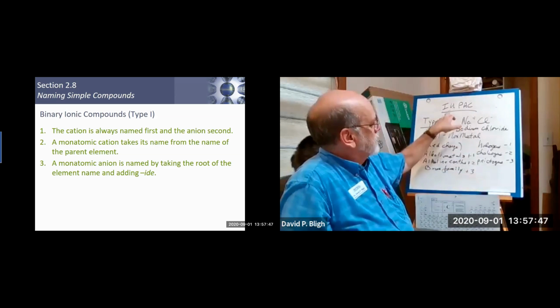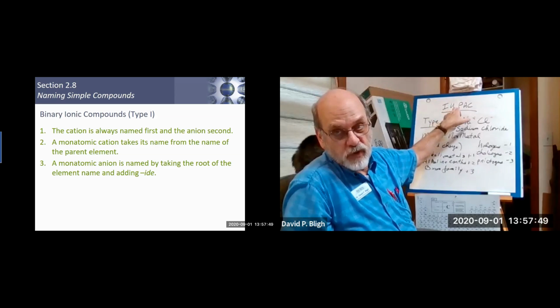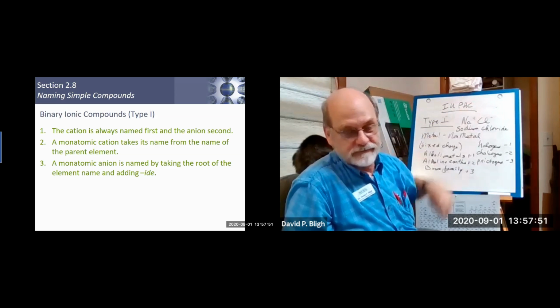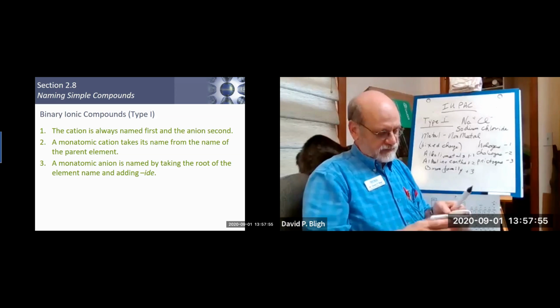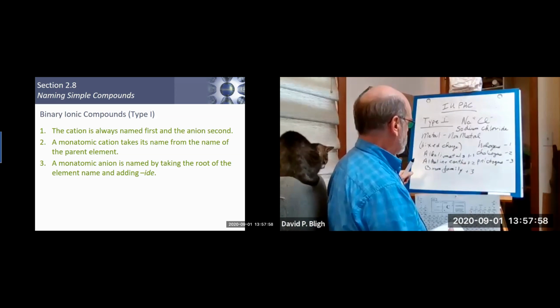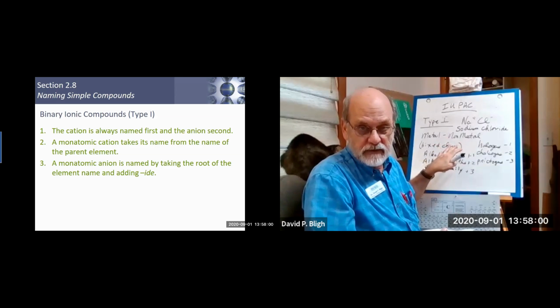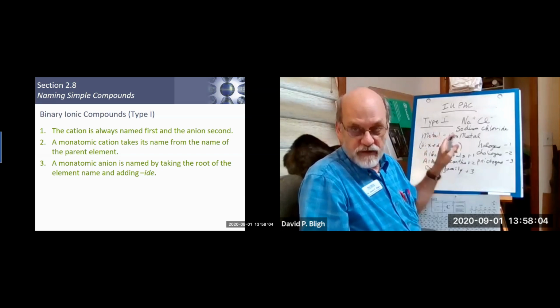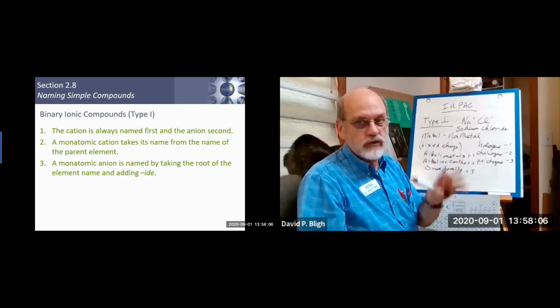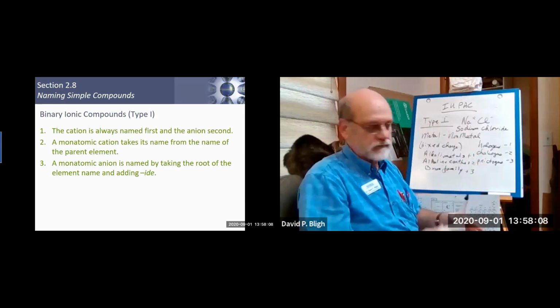This stands for International Union of Pure and Applied Chemistry. They make the decisions. They break the ties. Okay, so that's a type 1 compound. The cation element, the metal, is always fixed charge. There are no two ways about it. It can only have one charge.